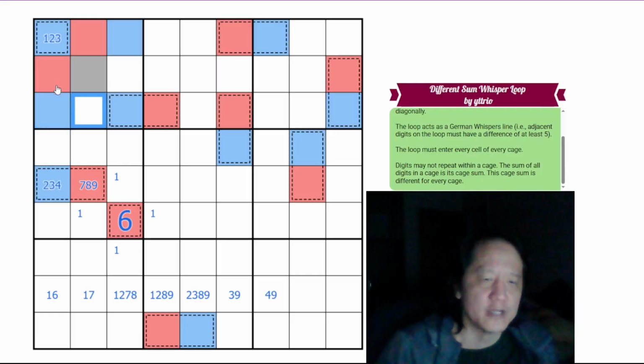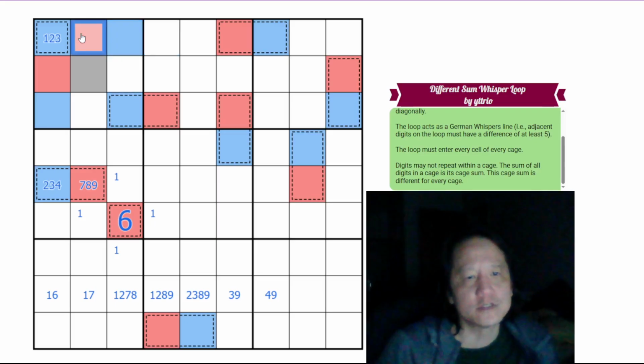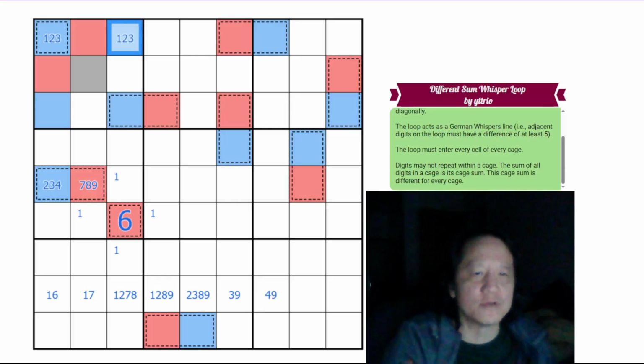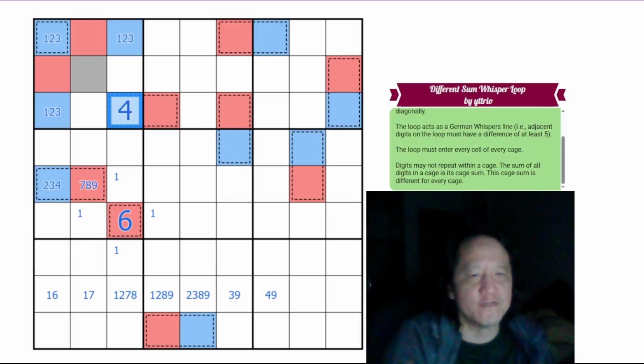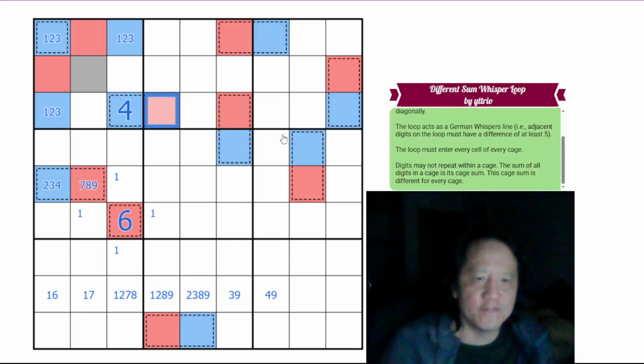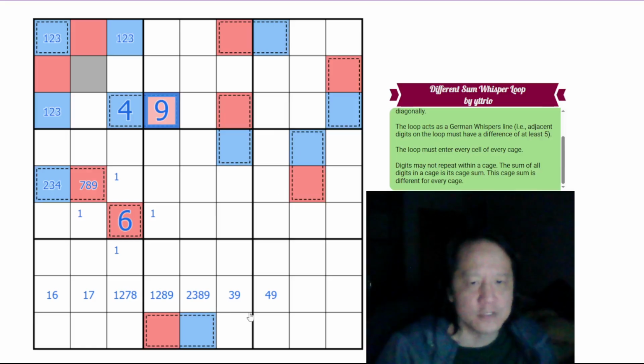This will be next to 2 unique digits on a whisper 5 line. Same with this. Either way, these are 2 unique digits on the whisper 5 line that this is next to. So this has to be 1, 2, or 3. Therefore, in box 1, what is the last low digit? It must be 4. So then this must be 4 and 9. That's the 13.